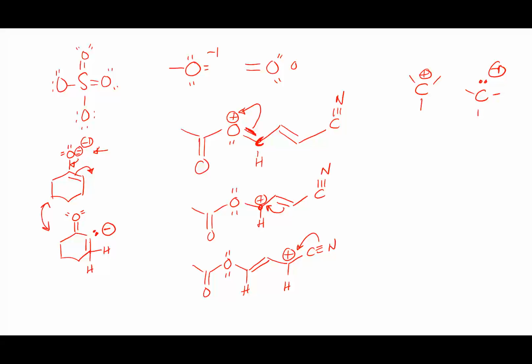Because then the bottom carbon would have 5 bonds. So the process ends there. So if you're in doubt, move the electrons, but then count up the bonds. If you got a carbon with 5 bonds, it can't move any farther. So this is as far as the lone pair will go.